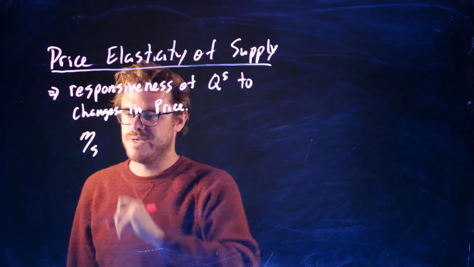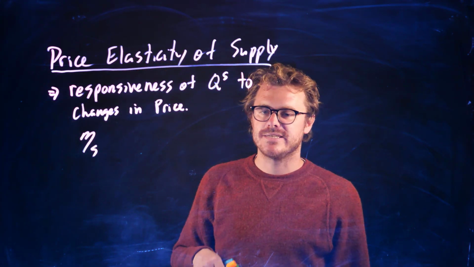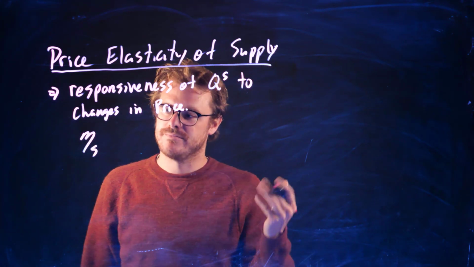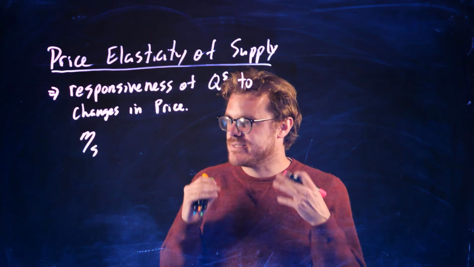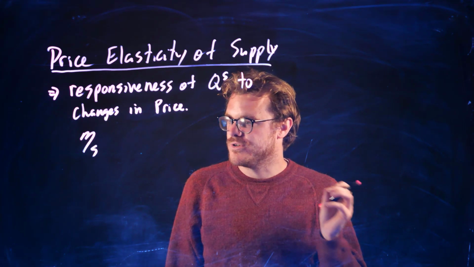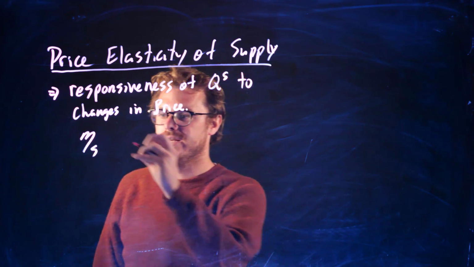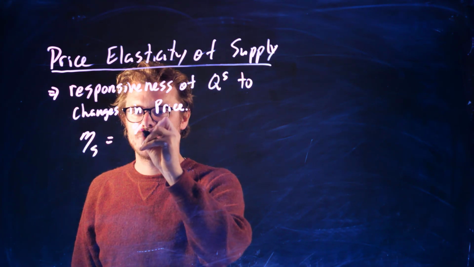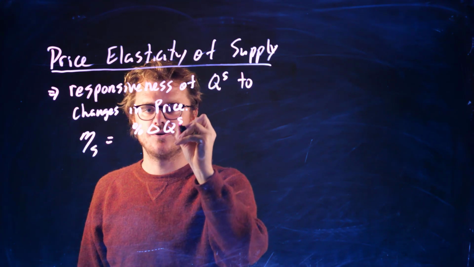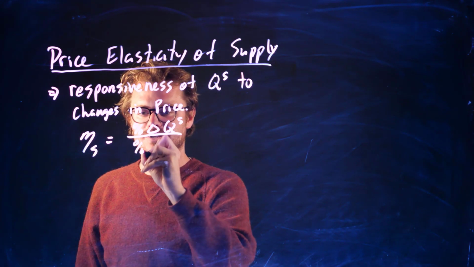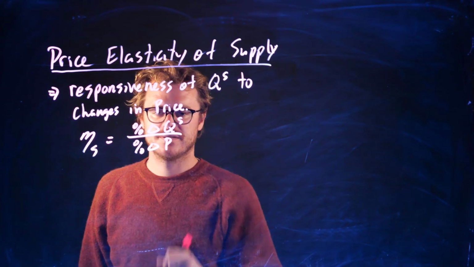A lot of times it will be eta with a little s to indicate supply, or it could be an epsilon instead. It doesn't matter what your notation is, as long as it's clear it's about the elasticity of supply and you define it somewhere. And this is going to be the percentage change in QS over the percentage change in price.